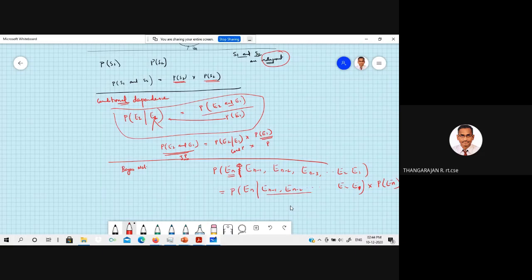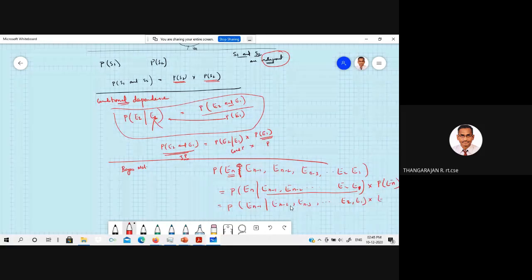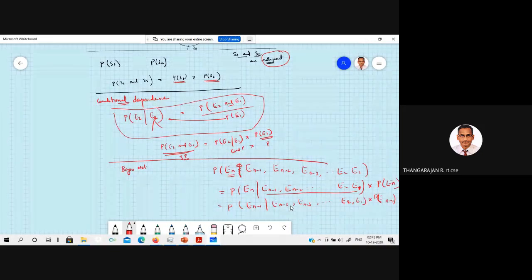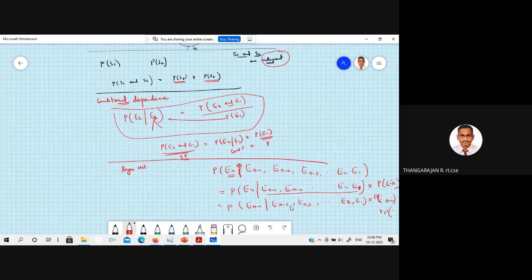Now what you can do is apply the chain rule to this one. The probability of En minus 1 is again a joint probability that can be factored as En minus 1 given En minus 2, En minus 3, up to E2, E1, into the probability of En minus 1, and already you have the probability of En.